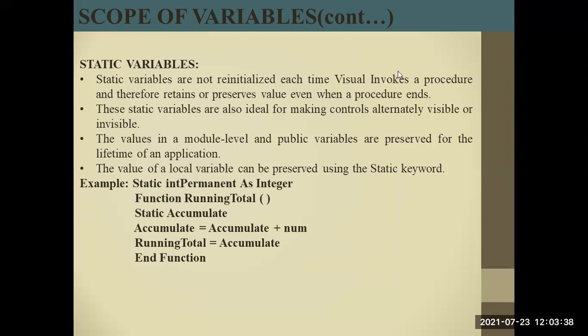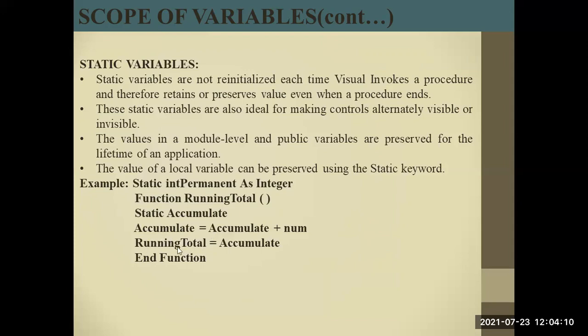Here is an example where we have declared a variable permanent as an integer, but it is a static type variable, so it will preserve its value for the entire application. We are using the function RunningTotal, and there is another variable called static accumulator, which is static in nature. The accumulator will add the numbers that we are running.